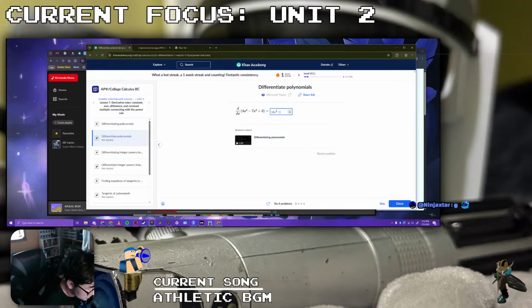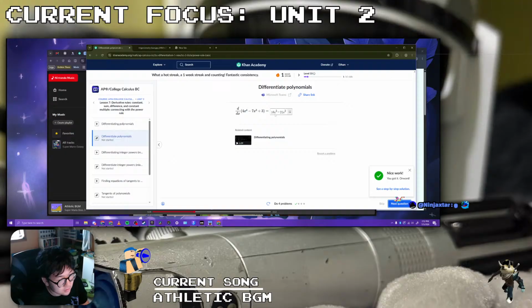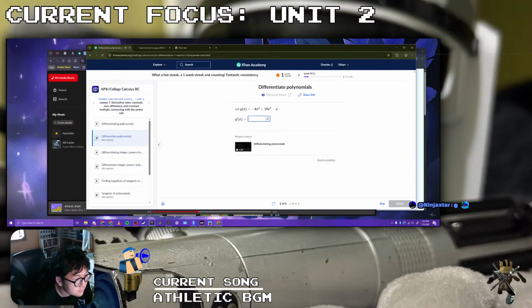This one is easy because if you remember, if you saw the thing earlier, you treat each one of these monomials as an individual. And you can just say 20 minus 1.